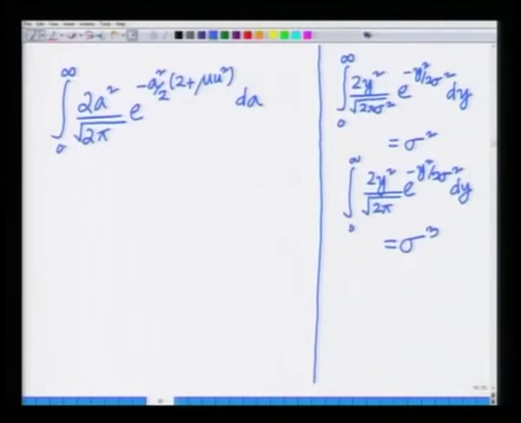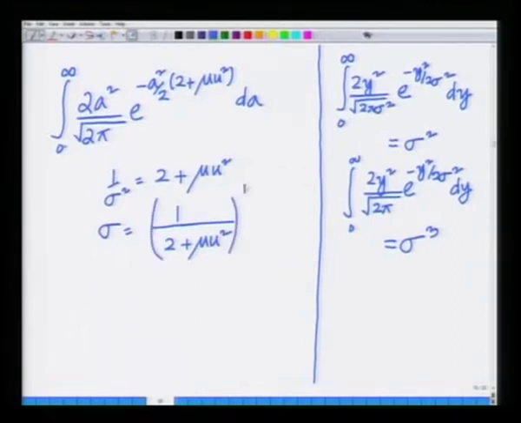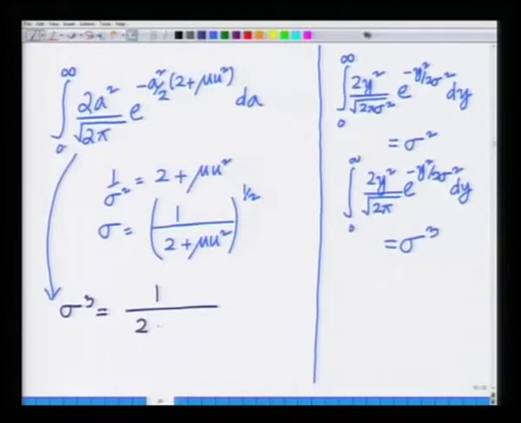Now, if you do a direct comparison, you can see that a here is equivalent to y, and 1 over sigma square equals 2 plus mu u square, which means sigma is essentially 1 over the square root of 2 plus mu u square, and the value of this integral is sigma cube, which is equal to 1 over 2 plus mu u square to the power of 3 over 2. All right.